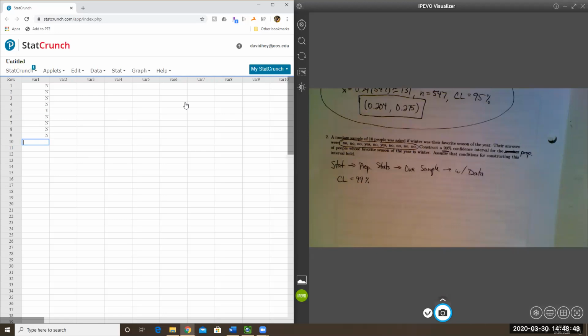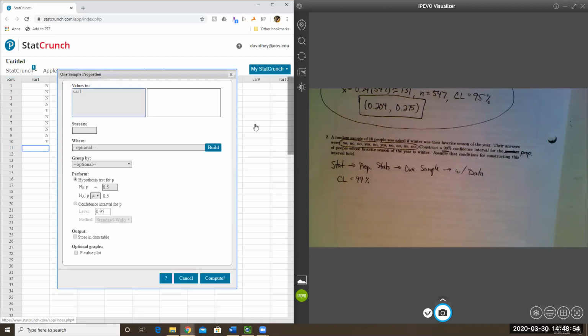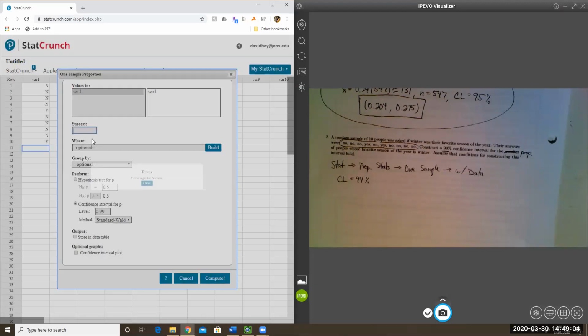It doesn't matter if they're in the right order or not, so I'm just going to put that there. Okay, so we go to stat, proportion stats, one sample with data. Okay, I need to make sure I change my confidence level to 99%. Oh, yeah, I've got to tell it what success is. Success is a yes, which I just called capital Y.